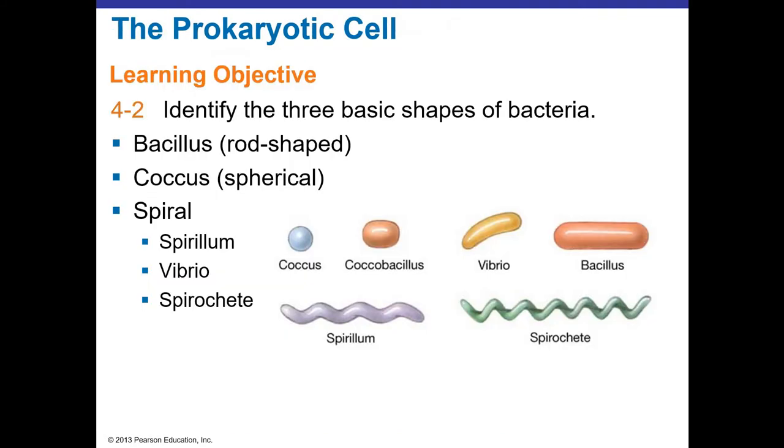When we talk about prokaryotic cells, although there are a variety of shapes, they can mostly be synthesized down to 3 basic shapes. Things that are rod-shaped or bacillus, spherical or cocci, and we also have a variety of spirals that can be broken down into spirillum, which are kind of more of a looser curve, vibrios, which are just a single curve, comma-shaped, and corkscrew-shaped spirochetes.